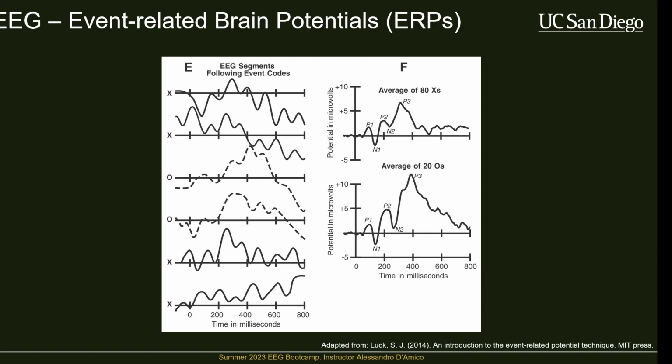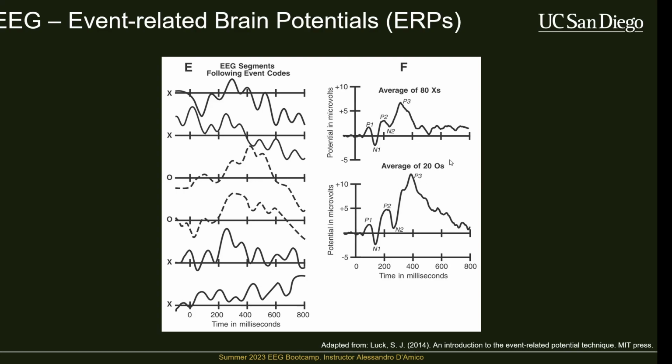So with the P3, for example, the thing that affects it the most is how common the stimulus is. I'm purposely not talking about the task that generates it too much because I'll be talking about it on Thursday when we're recording. But you can see that there's about 80 X's and only 20 O's, right? So the O's are pretty rare.